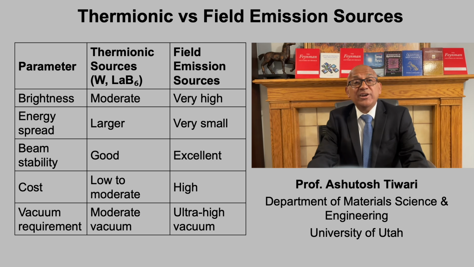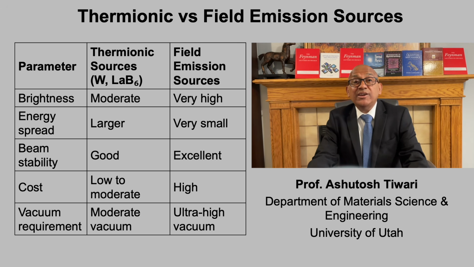Because of their simpler design and lower vacuum requirements, they are less expensive and commonly used in conventional SEM systems. Field emission sources, in contrast, offer very high brightness and a very small energy spread, producing an extremely well-defined and stable electron beam. This enables higher resolution and improved signal quality, particularly at low accelerating voltages.